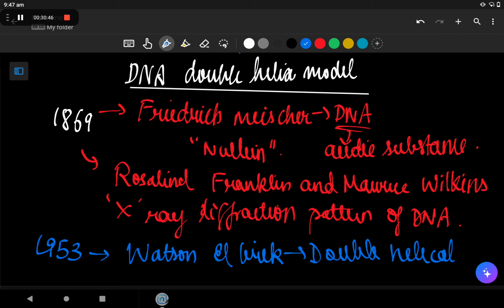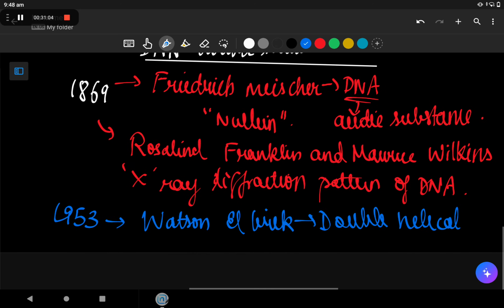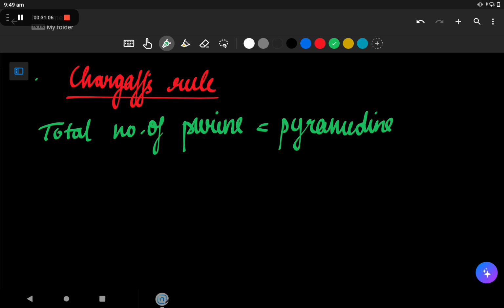Okay. So this was based on the findings of Erwin Chargaff, about which we'll learn later. This is called Chargaff's rule. What Erwin Chargaff pointed out in the DNA molecule is that the total number of purines is always equal to the total number of pyrimidines, which is adenine plus guanine equals cytosine plus thymine.